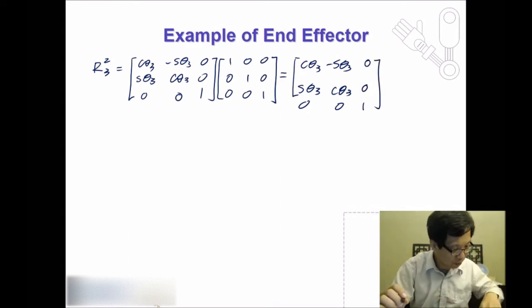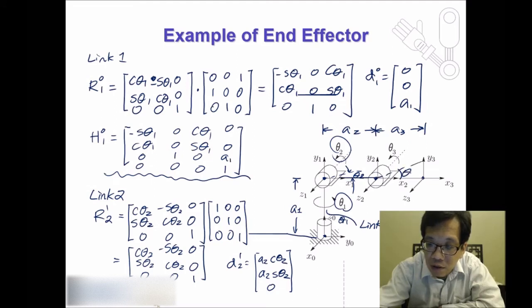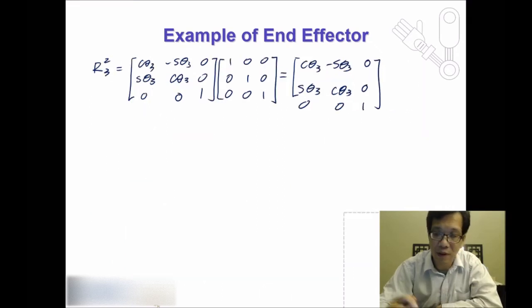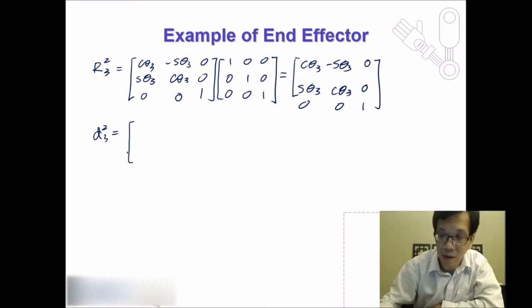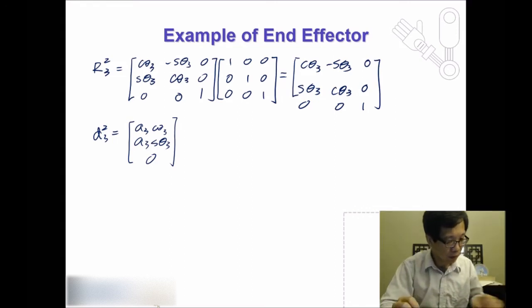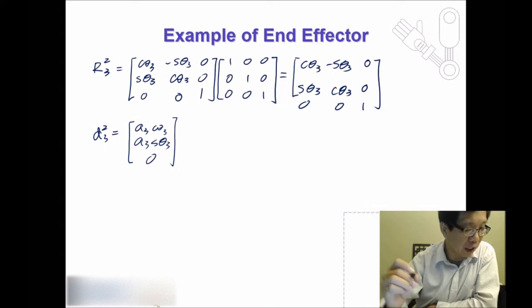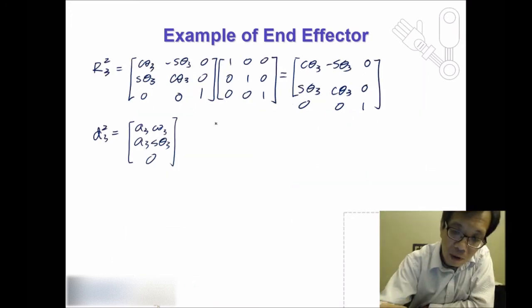Okay, and go back to a previous page. This one over here, since we have F3 over here, then if we have one unit along this direction, the translation is going to give me, so we can combine everything all together and come up with this one over here.